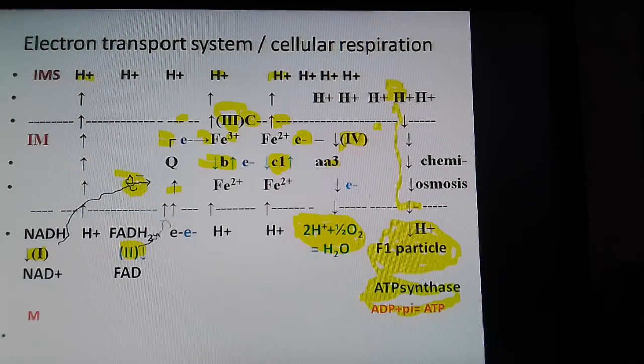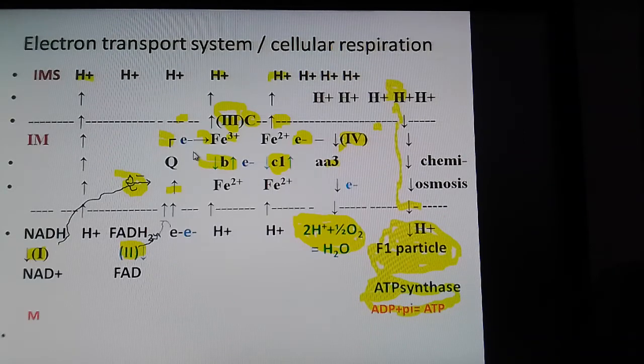But anyway, the coenzyme Q may transport 2 electrons at a time, and the electrons going through this Q will be taken into the cytochrome C, which will include both these cytochromes B and C1.